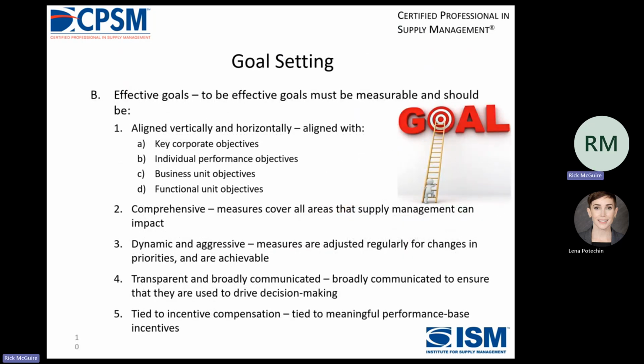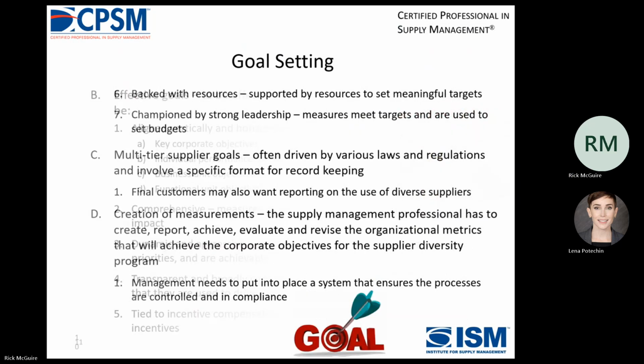And to be effective, obviously the goals have got to be measurable, and they got to be aligned within the business. Comprehensive, dynamic, transparent, tied to incentive compensation, if you really want to make them work. Backed with resources and championed by strong leadership.